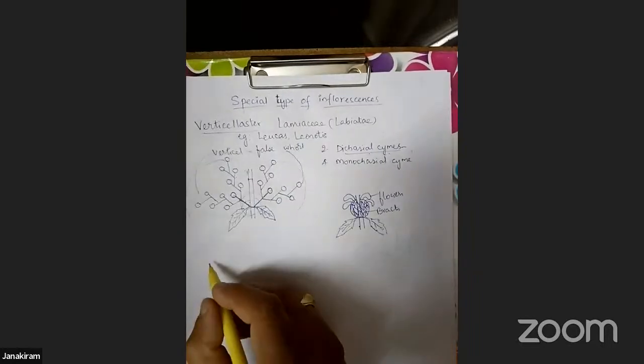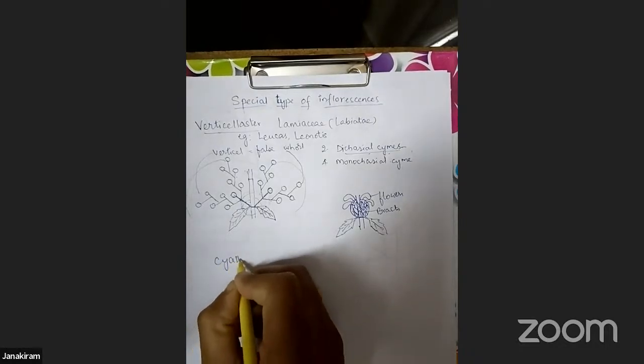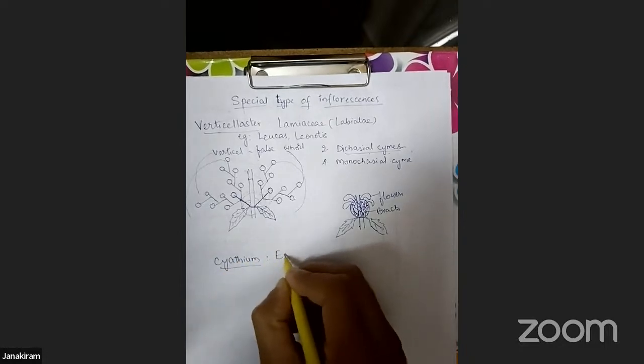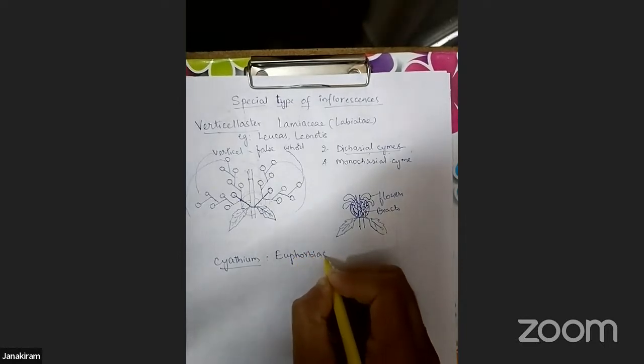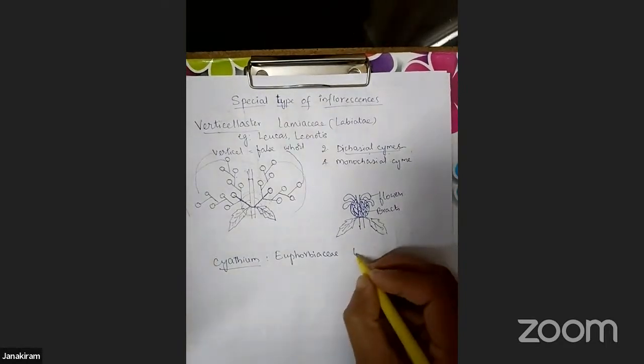Then coming to the next special type of inflorescence, that is called cyathium. Cyathium can be seen in members belonging to the Euphorbiaceae family, like Euphorbia.